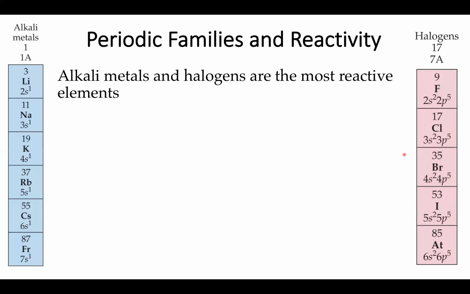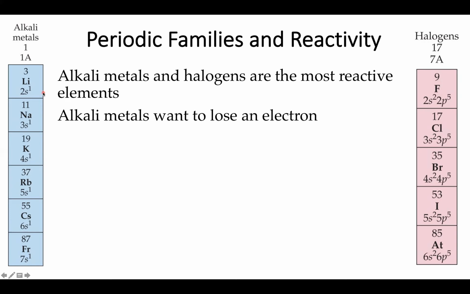However, once we go to the alkali metals and the halogens, the fact that they are just one electron off from the noble gases means that these are the two most reactive sets of elements. When we're looking at our alkali metals, you'll notice they only have one valence electron. This one valence electron is held onto fairly loosely, which means that most of the alkali metals are saying, oh, it's just too hard to hang on to them.